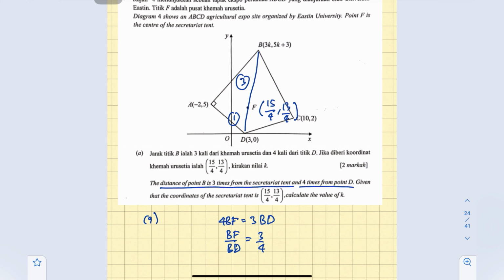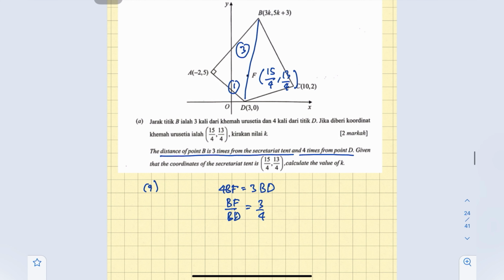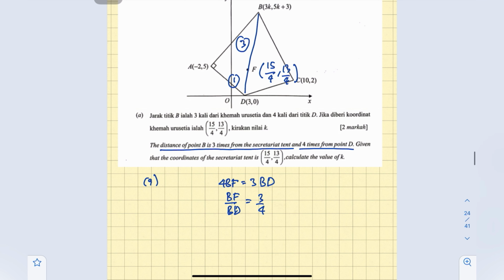So then by using the formula of points divide internally in the ratio of m:n, we can find point B, which has the value of K. So the subject is 15 over 4 and 13 over 4. So we find coordinate X first. So for X, we cross here.